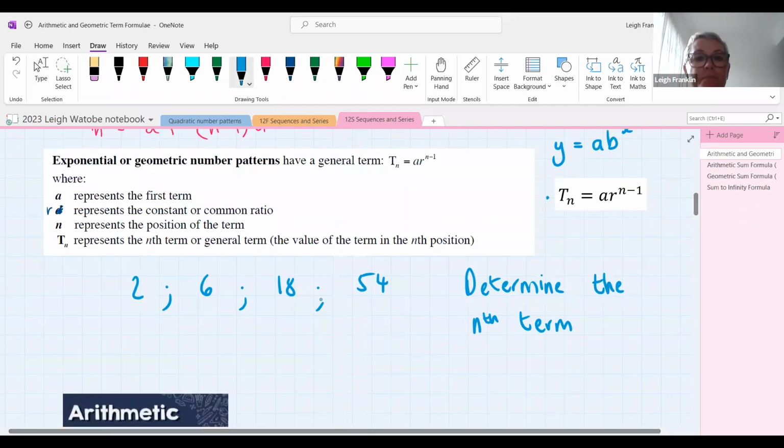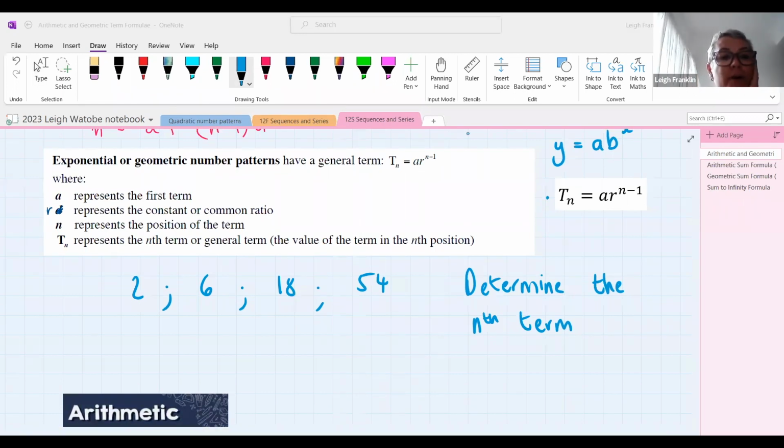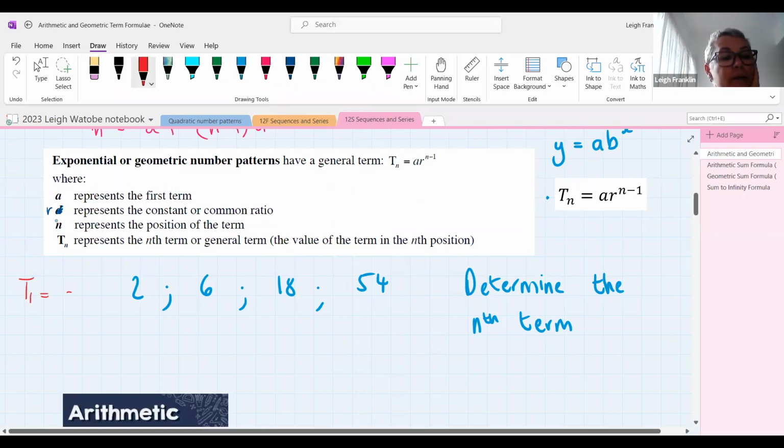So in this situation, we can see that term 1 is equal to A. We need to work out R.